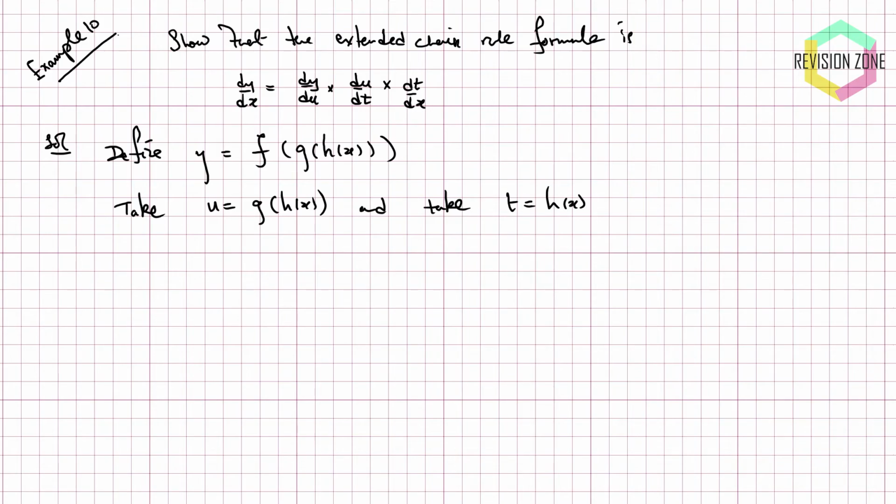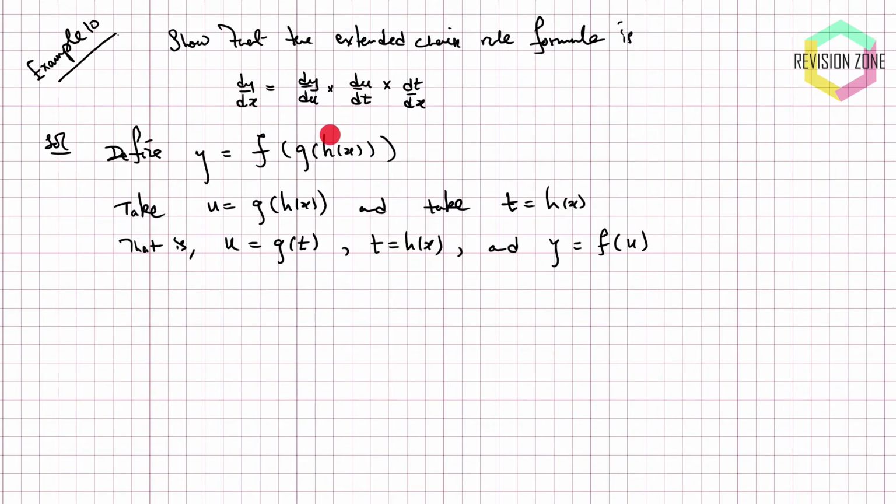So since we have this, that tells me that u is equal to g of t, t is equal to h of x, and of course y is equal to f of u. So this is completely consistent with how I've defined my u.